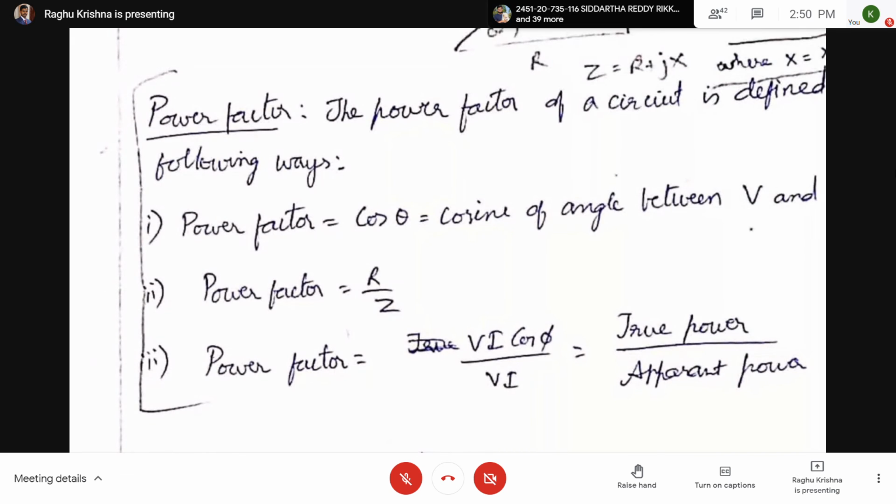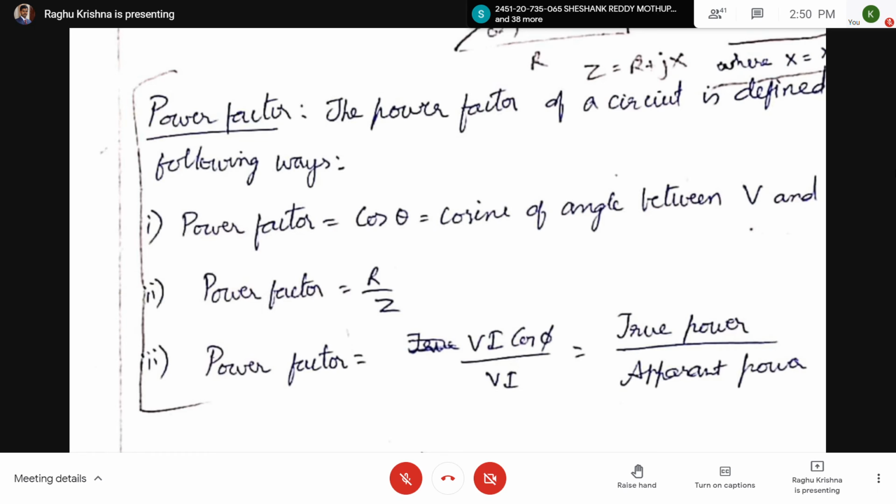Next, power factor is given by VI cos phi by VI. That means true power by apparent power. Already I have shown that average power is nothing but active power. Average power is also called active power. It is also called true power because it is the actual power which is dissipated in the resistor or the load.